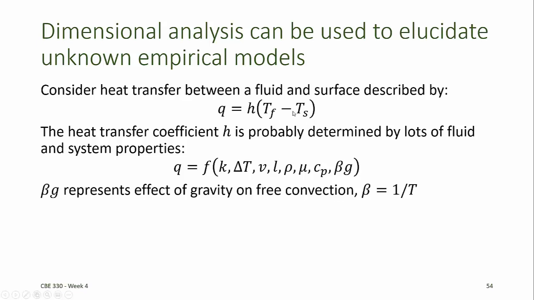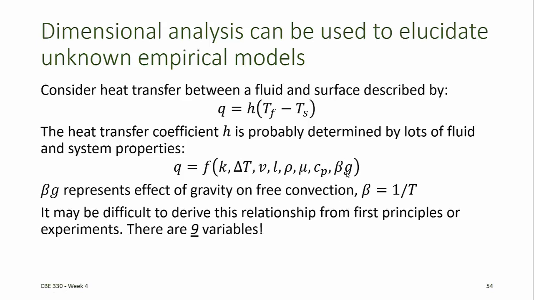Of course, the delta T will appear, the fluid velocity, maybe some length scale associated with the heat transfer or associated with the dimensions of the surface, the density of the fluid, the viscosity of the fluid, the heat capacity of the fluid, and a parameter beta g that might describe free convection. It will probably be very difficult to derive this relationship from first principles because it contains so many possible phenomena.